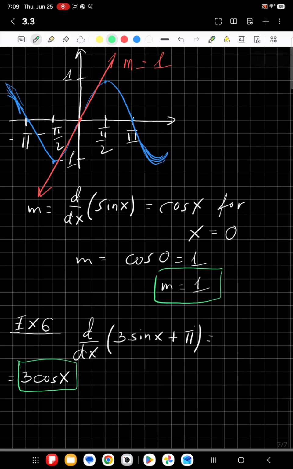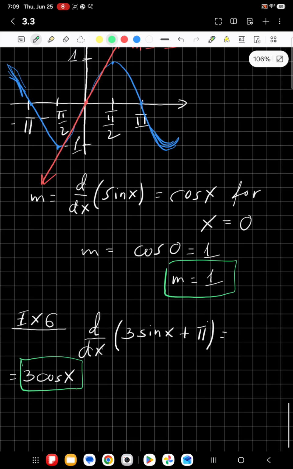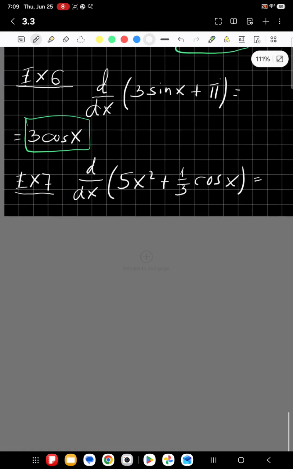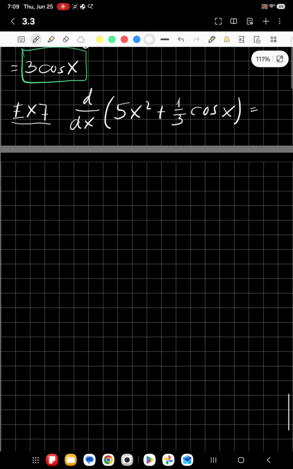All right, example 7. So we have the derivative of 5x squared plus 1/3 cosine x. Okay, so again, it's just a sum, so we can calculate it pretty simply.